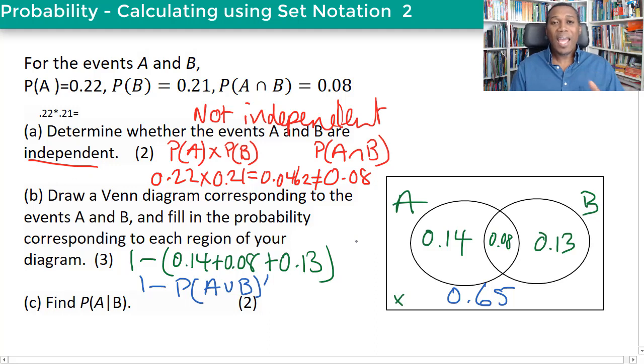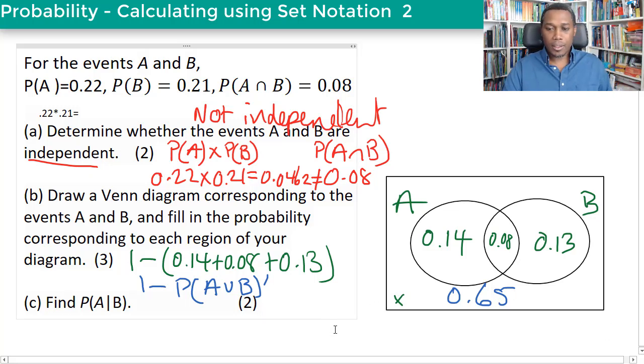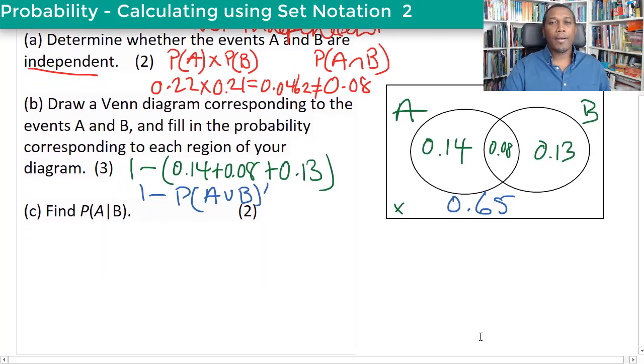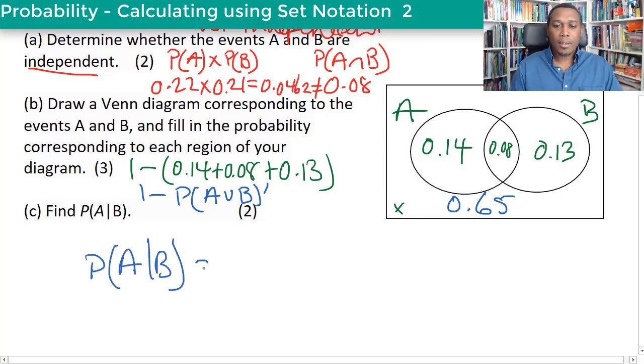That's part B. And finally, part C, the newest kid on the block, the given. We have that formula for conditional probability. I'll scroll down to deal with that, giving myself some space there. And the probability of A given B, well, to find that, B is the limiting factor, so I need to have the probability of B as my denominator in this case.